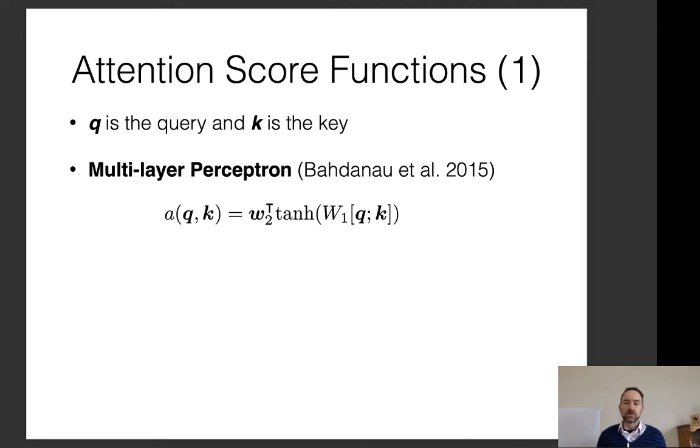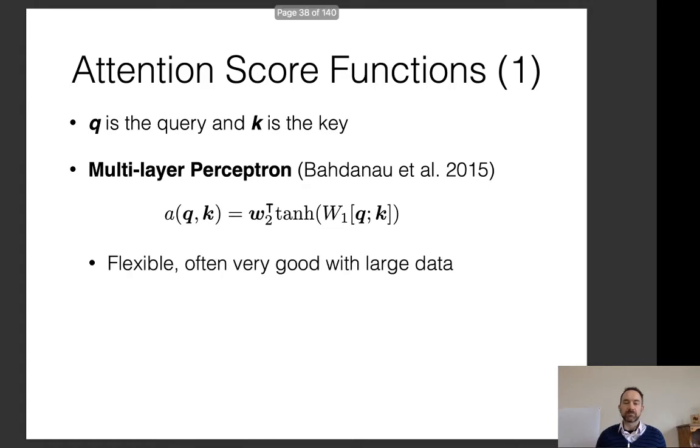Here we take Q and K, multiply them by a weight matrix, take a nonlinearity, and then multiply it by a weight vector to get our attention score. This is one option. It is flexible, and it can often be a strong option with very large data because, of course, the multi-layer perceptron is a universal function approximator and can approximate any function we would like to handle.